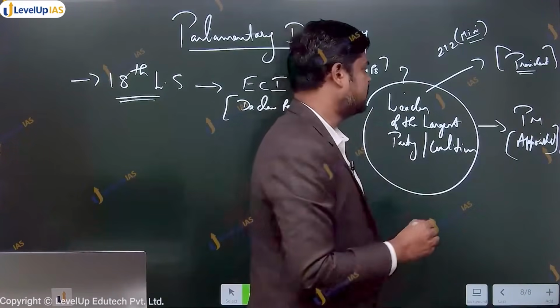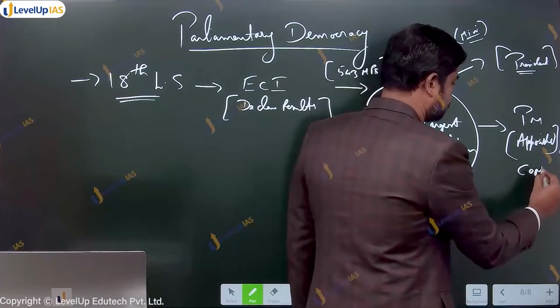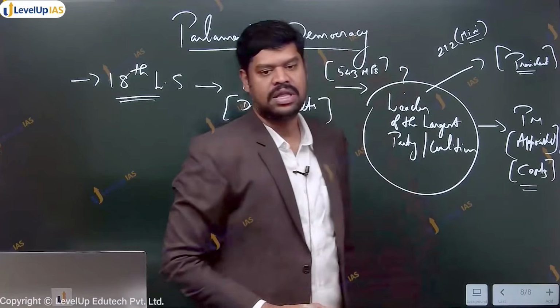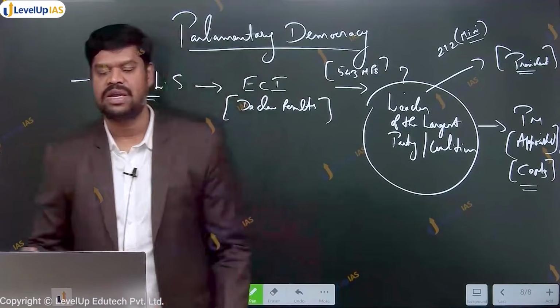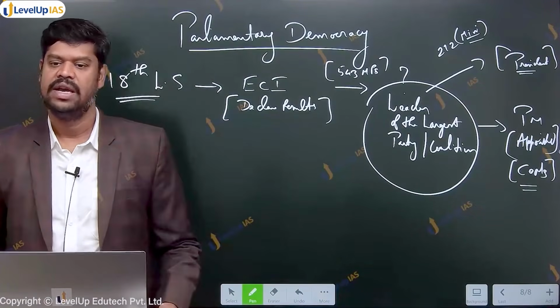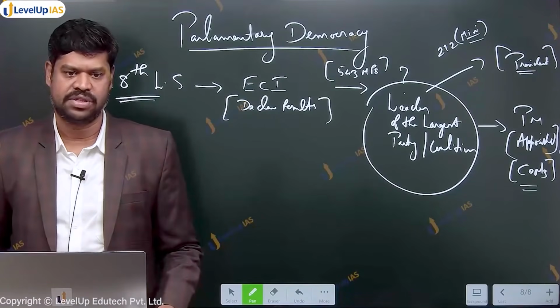And once the prime minister is appointed, the prime minister will recommend the names of other council of ministers. Who will recommend the names? The prime minister will recommend the names of other persons to be appointed as the council of ministers to the president. Then the president will appoint them.